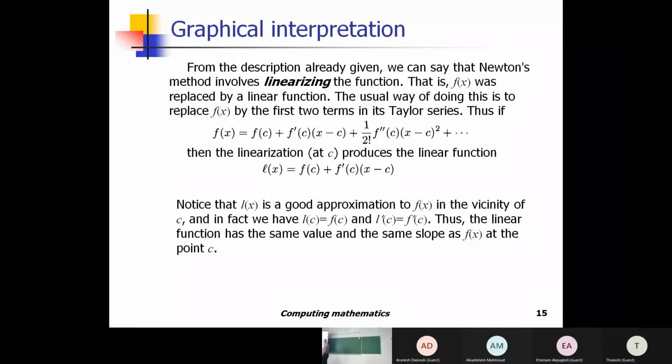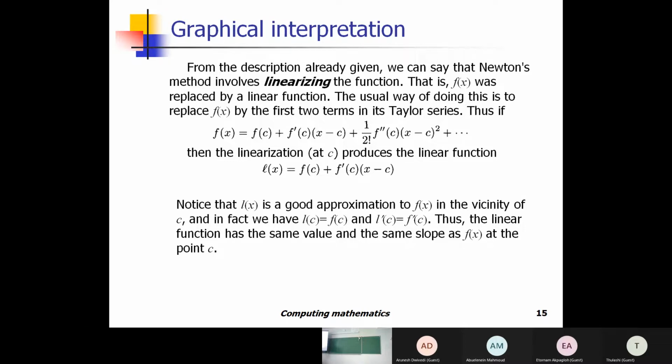But again, linearization means that we truncate, we remove all the terms that have power 2 or greater. We consider only the terms of power 1, the linear term.